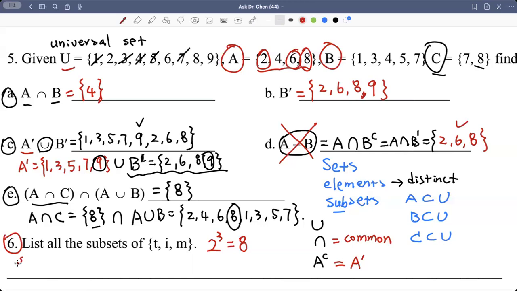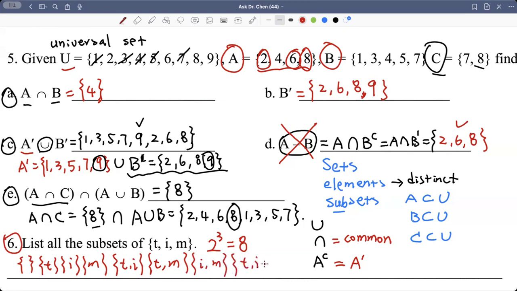So if we make a list, we start with the empty set. Then with a single element. Then with 2 elements, TI, TM. Then IM. Then 3 elements, TIM.